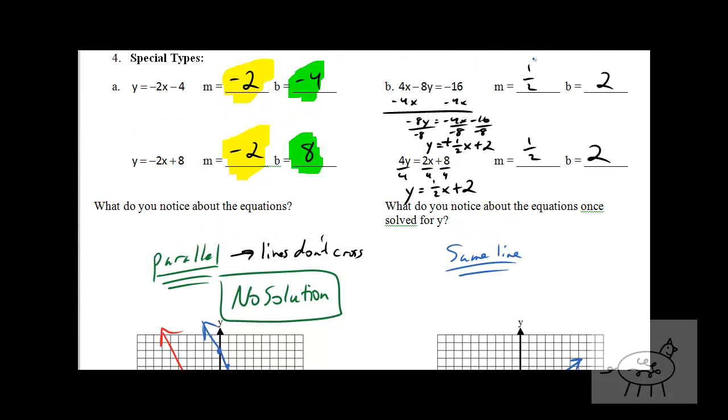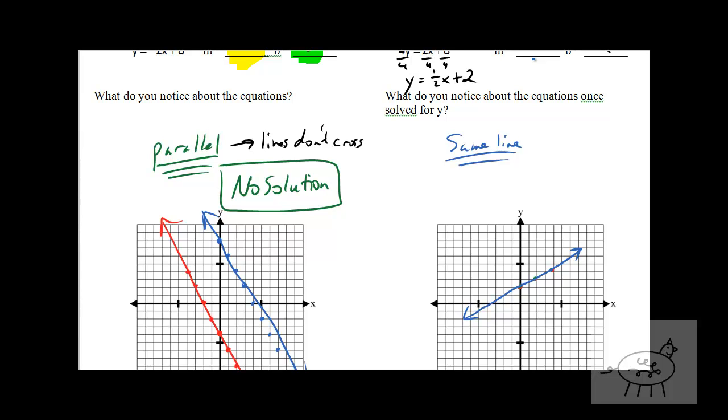So the question is, if it's the same line, where is the red line intersecting the green line? You can't really see it anymore. Where are those two lines intersecting? Everywhere. Don't you guys agree? They're on top of each other.